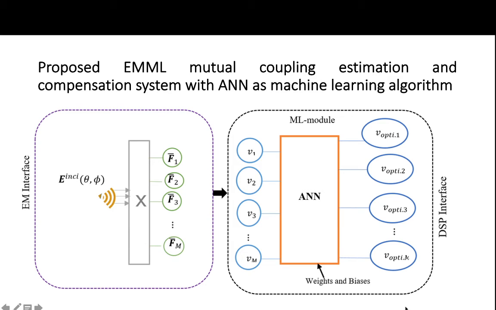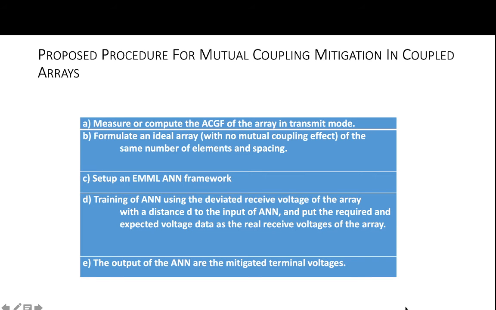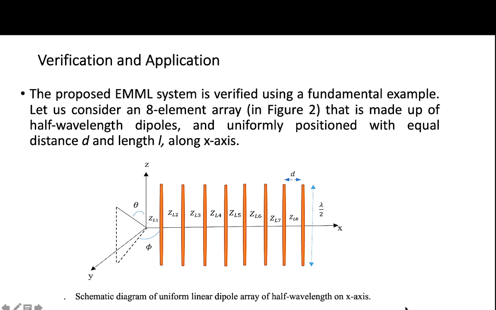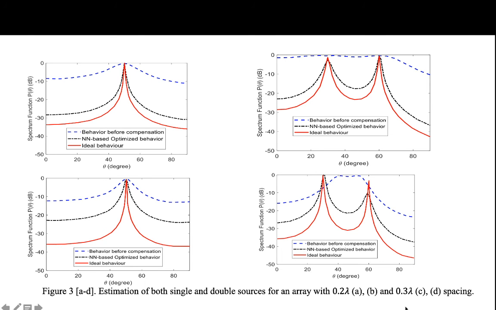Now we verify the potency of this work by using a uniform linear dipole array of half-wavelength spacing on the x-axis. We simulated this using HFSS, and the data were used for the analysis. So we estimated the behavior of the model using single and double sources.